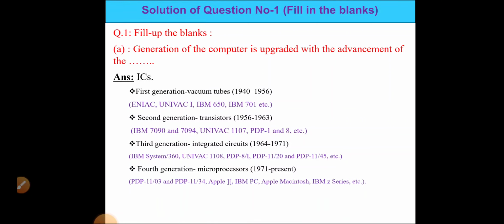The companies that produced these are Apple, IBM, PDP, etc. Now the fifth generation of computers uses ultra large scale integration, with the help of artificial intelligence. This started in 1981 and is working till date.